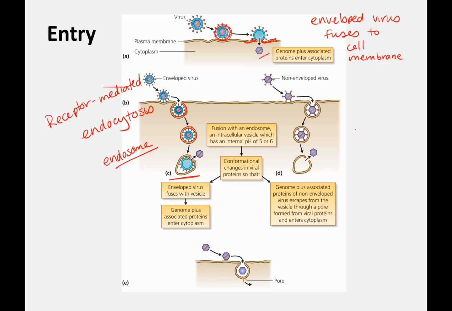This is showing endocytosis for both an enveloped and a non-enveloped or naked virus. And down here, an example of this is poliovirus, where the viral capsid interacts with the membrane and forms a pore.